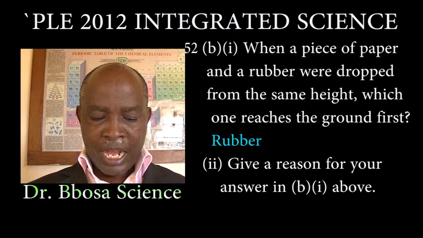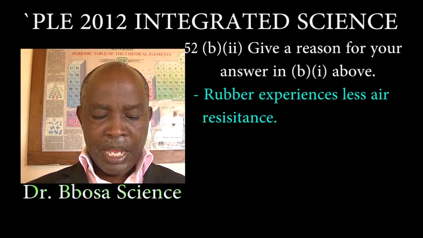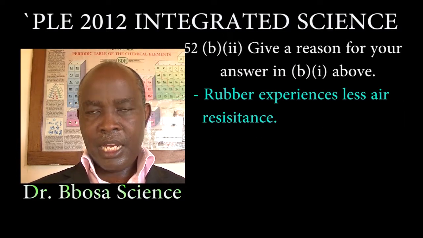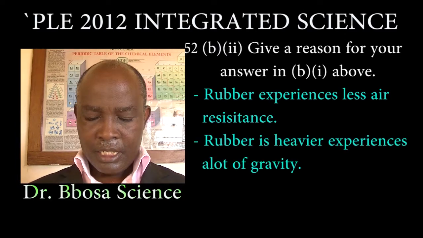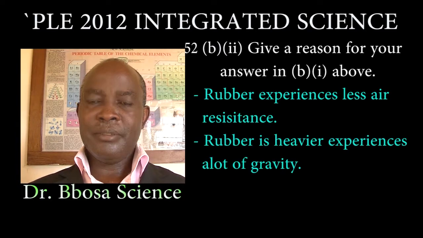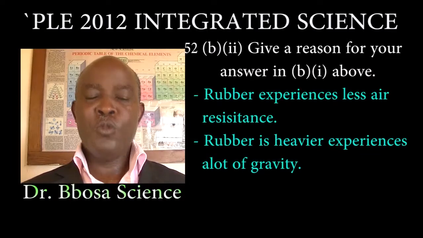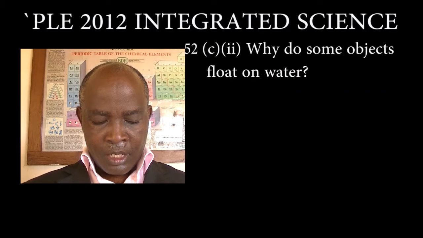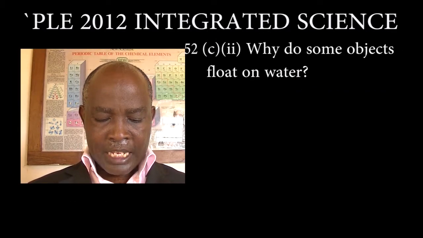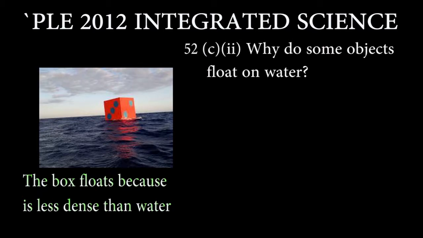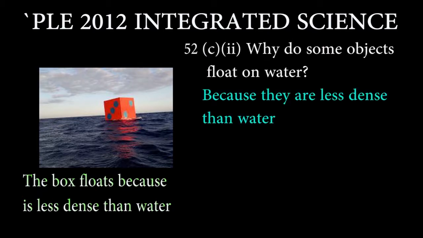Give reason for your answer. Rubber experiences less air resistance. Rubber is heavier, experiences a lot of gravity. C. Why do objects float in water? Because they are less dense than water.